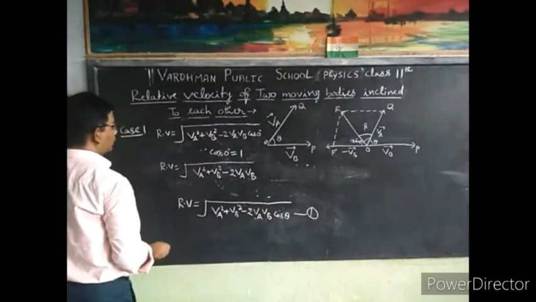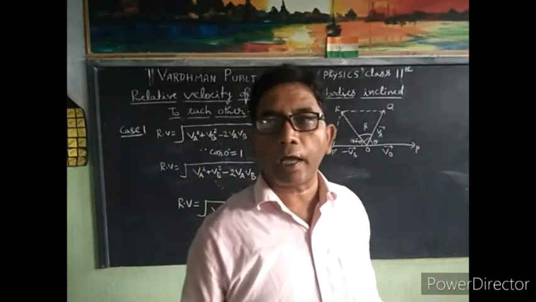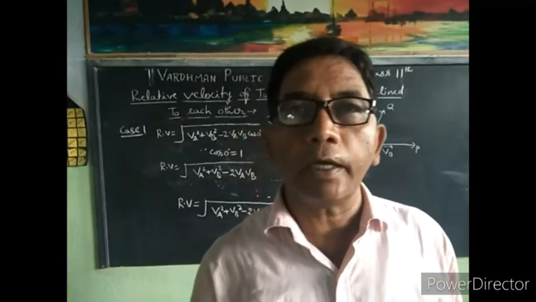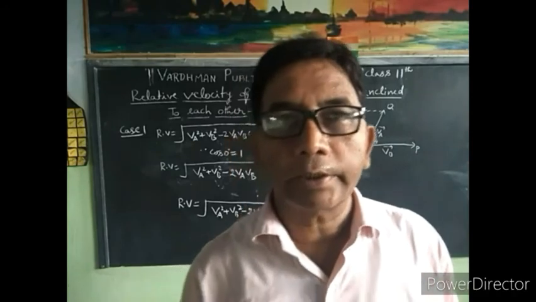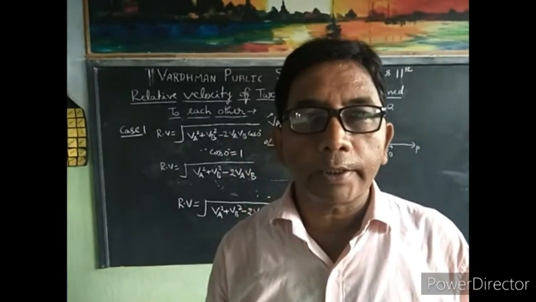Now we take the second case. When two bodies are moving in a parallel straight line but in opposite directions, in this case theta is equal to 180 degree.